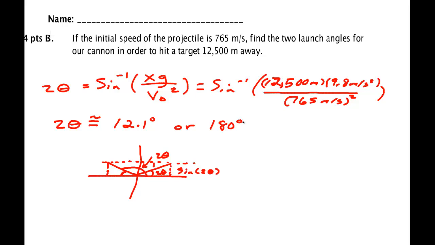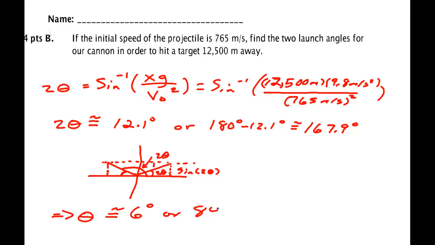So 180 degrees minus 12.1 degrees, which is 167.9 degrees. Therefore, theta is either 6 degrees approximately or 84 degrees. So those are the two answers.